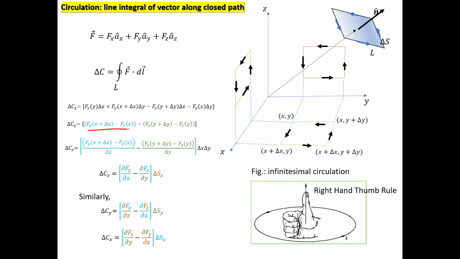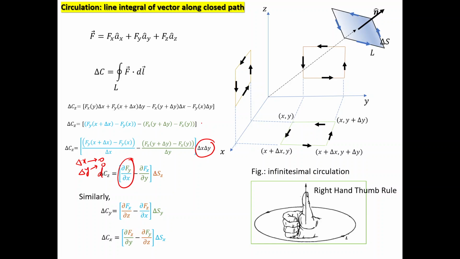Now let us arrange the same components fy and fx, and let us multiply and divide this expression by del x and del y, and taking limit del x tends to 0 and del y tends to 0, we can finally obtain a partial differentiation.